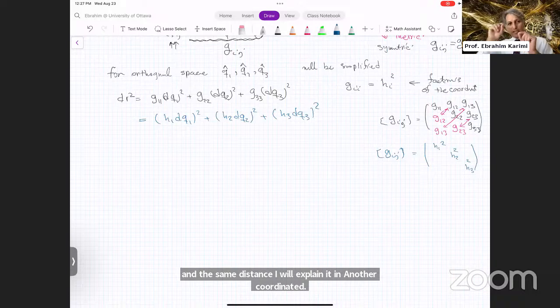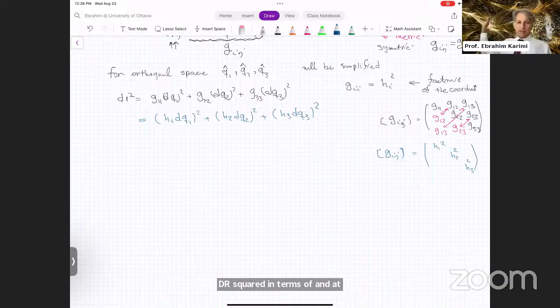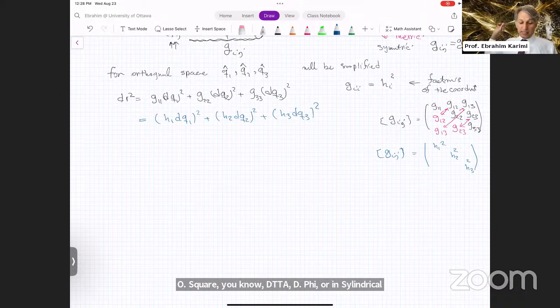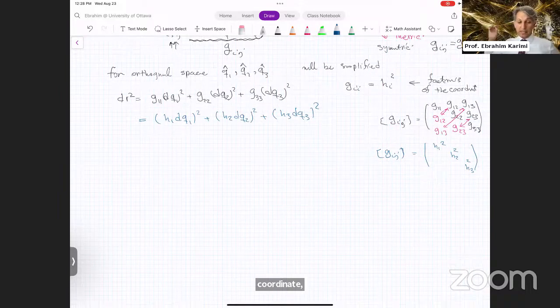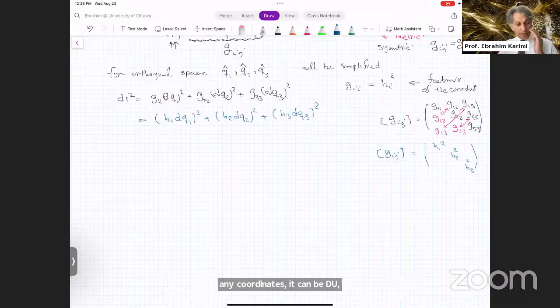What is happening with the dr squared in terms of d rho, d theta, d phi, or in cylindrical coordinate, d rho, d theta, and also dz, or any coordinates. It can be du, dv, d phi. So what is happening with the relationship between the two?